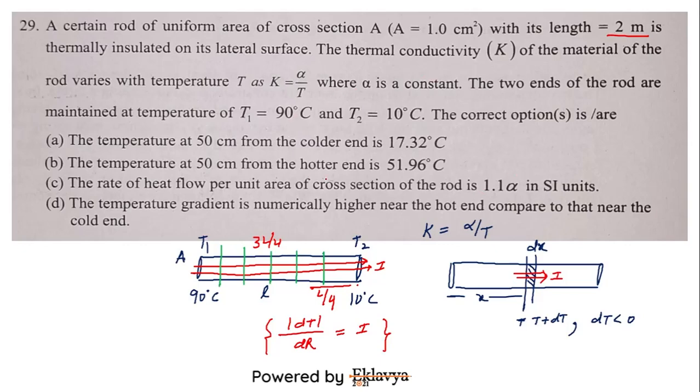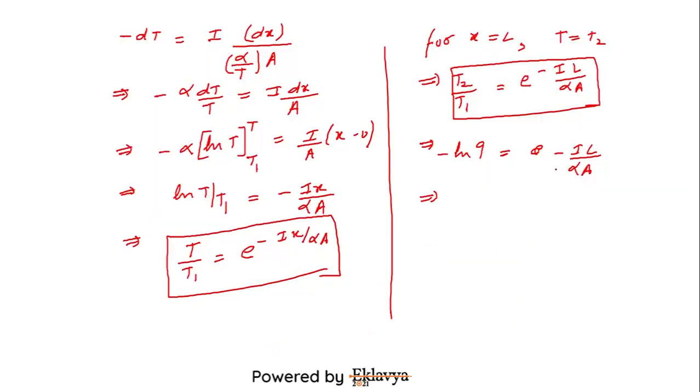The value of alpha has not been given, but we can substitute I by alpha entirely. So it will become 2 ln 3 into the cross-sectional area by length is equal to I by alpha. Now substitute this value here.